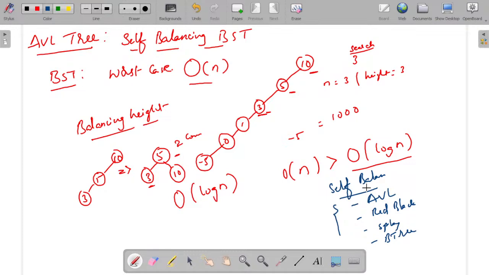Hope you understood why we came up with AVL trees. AVL trees are self-balancing binary search trees which help get the worst case time complexity down from big O of n to big O of log n. Hope you understood why we need AVL trees and why we have to balance the height of a tree.